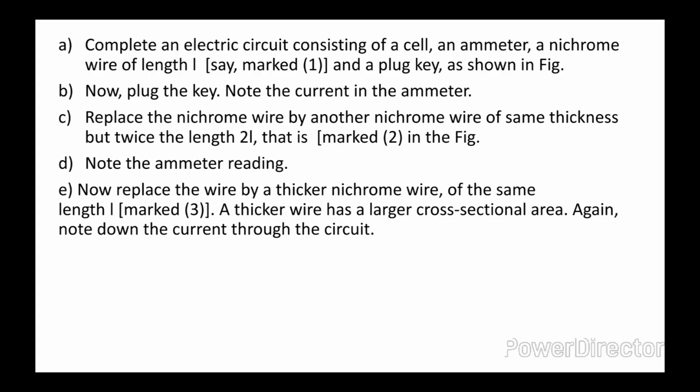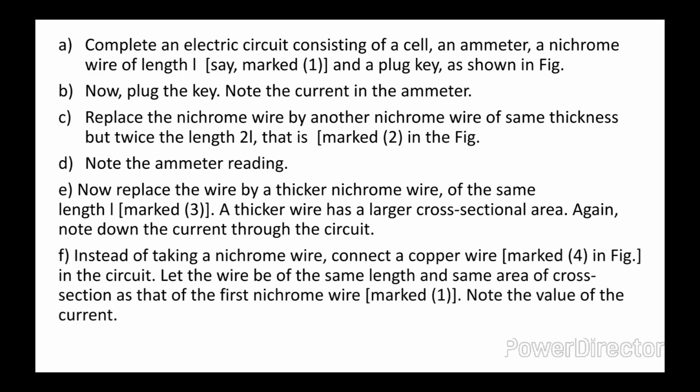So what you have taken in the first case, you should take the thicker wire in the third case. And you have to note down the current in the ammeter. See, the thicker wire has a larger cross-sectional area.